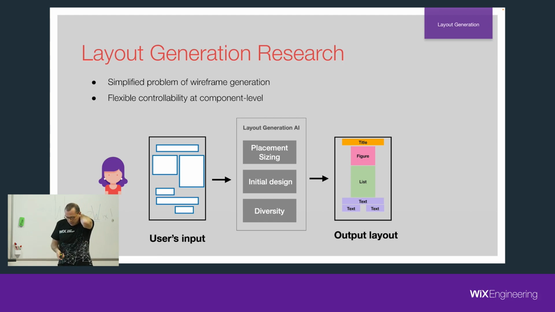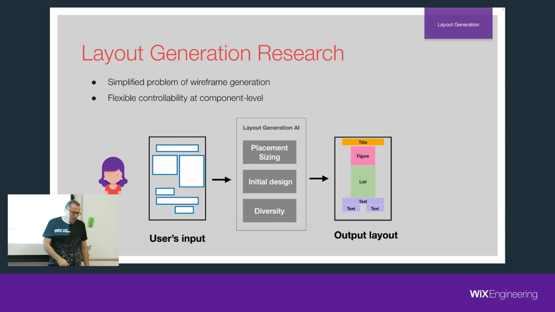Let's talk a little bit about layout generation. This is still an unsolved problem that the research community is looking at. Since it is a challenging problem, the research community likes to simplify it. They look at the problem of generating a wireframe of a layout, so what we want to get is this.